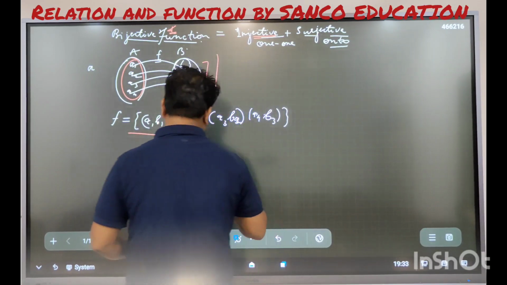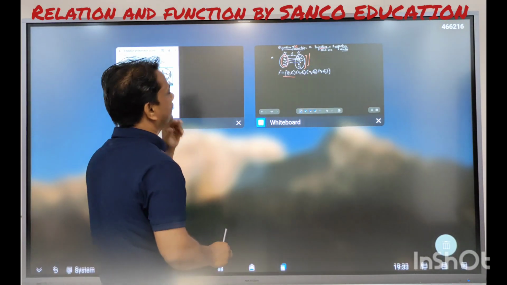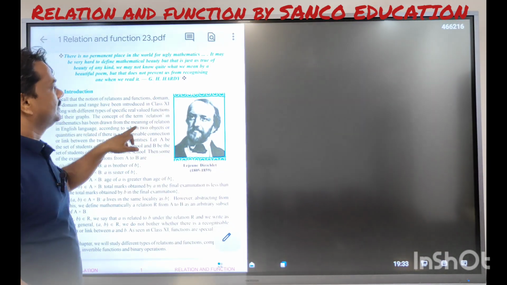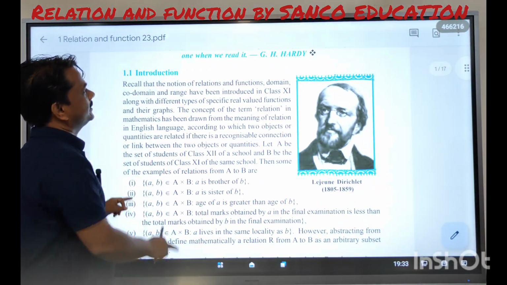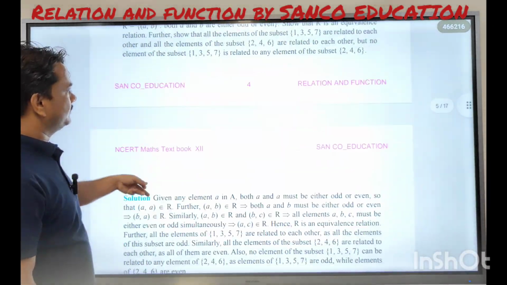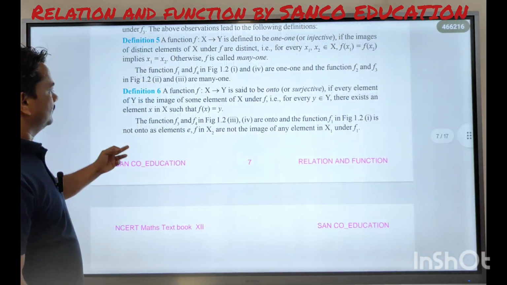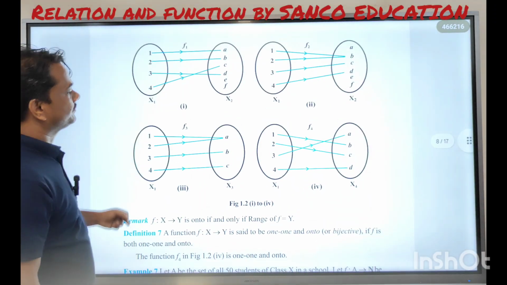Before starting that, we'll take some illustrations which have been given in your textbook. This is your textbook. Some examples have been shown here. Look at this.